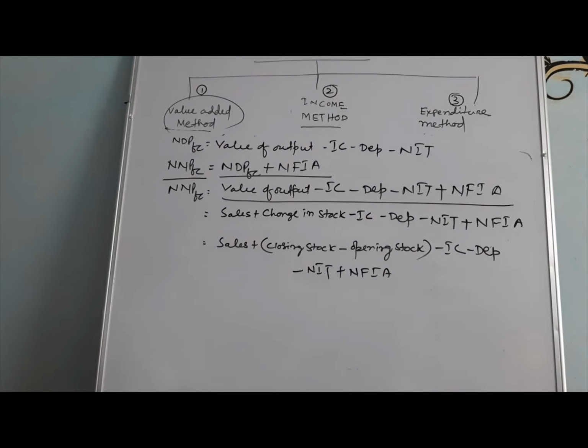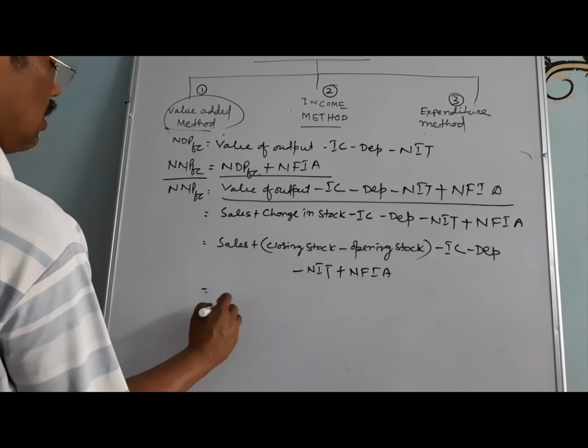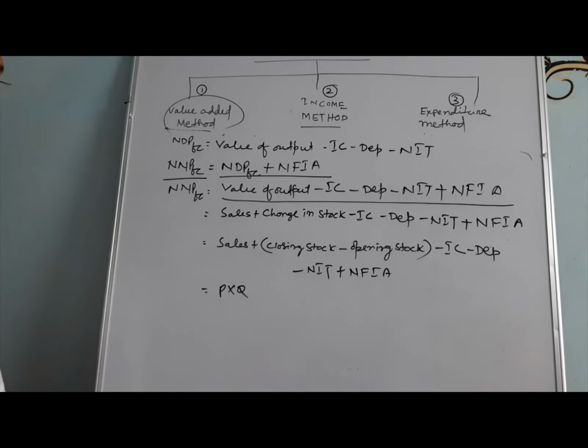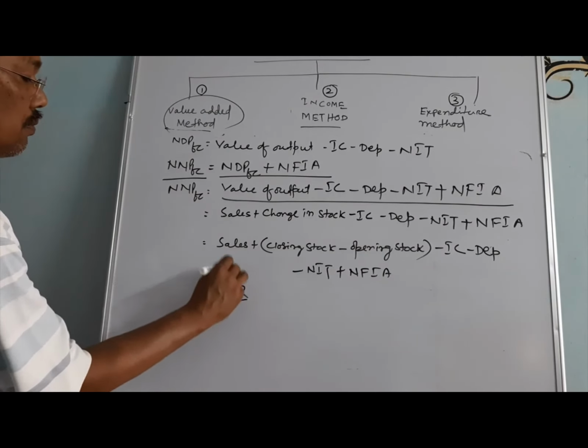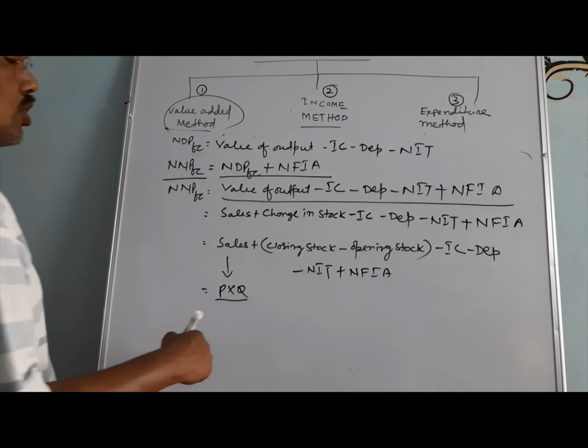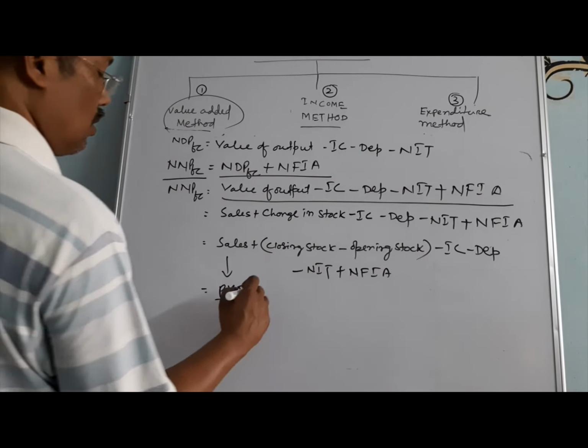Or we can elaborate that sales equals price into quantity. If the total production is not sold in that accounting year, then there will be closing stock minus opening stock.